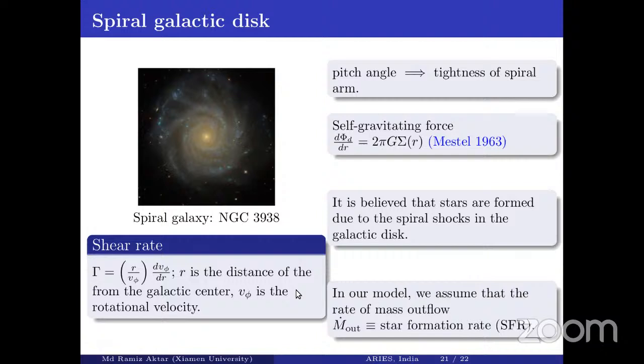Obviously, there may be other reasons for forming stars, but in our model, we solely consider that the spiral arm and the spiral shocks may cause the star forming region or the star formation rate. So if we calculate the m dot out from our model, we can predict the star formation rate for various spiral galactic disks.